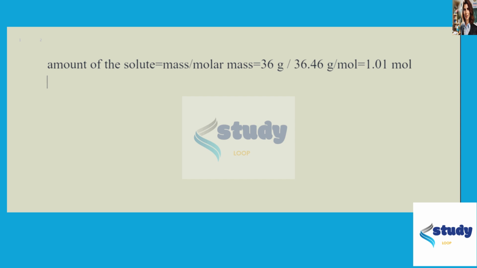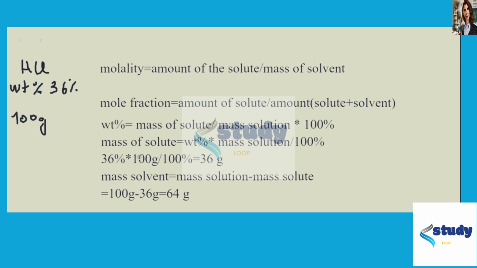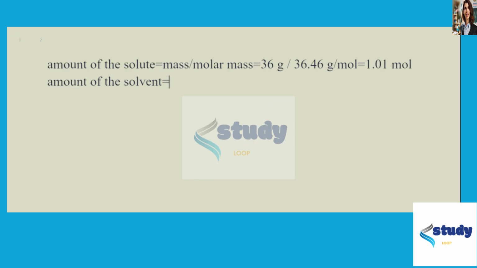Let's do the same for the amount of the solvent, which is in our case water. We use the exact same equation, and the mass that we calculated here, the 64 grams. So 64 grams divided by the molar mass of water, which is 18.02 grams per mole.